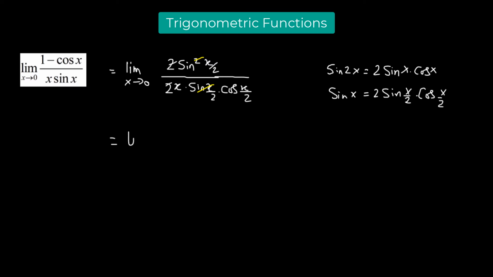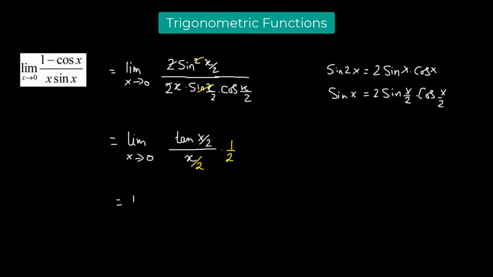So we have limit x tends to 0, sine x over 2 divided by cos x over 2. That is going to simply give us tangent of x over 2 divided by x. Now we divide the denominator, which is x, by 2 and then multiply by half to take care of the extra 2 that we have divided.